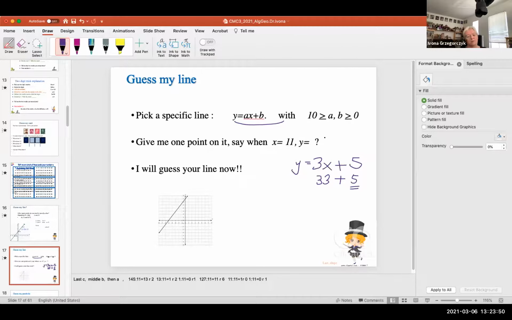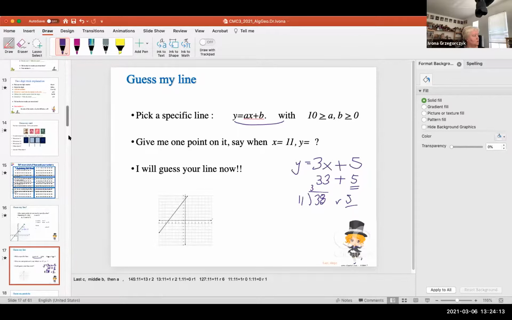So it has to be a remainder. I divided by 11, I got remainder 5, and the quotient is 3. If I do 38 divided by 11, you get 3, remainder 5. So this number is your b, this number is your slope.